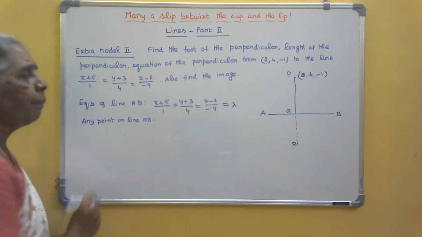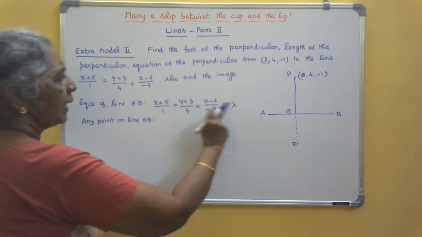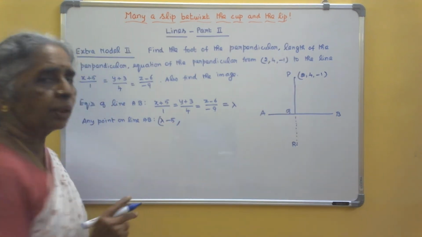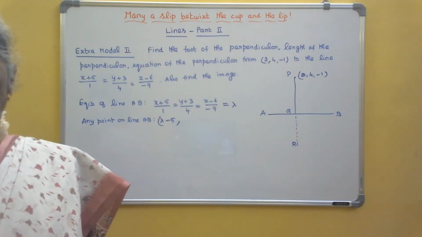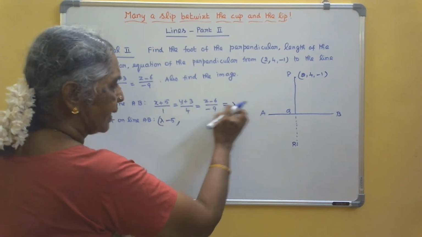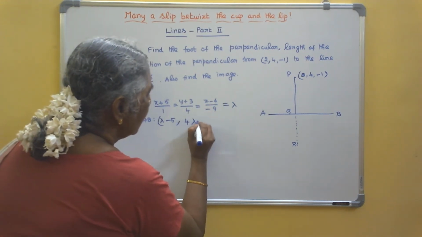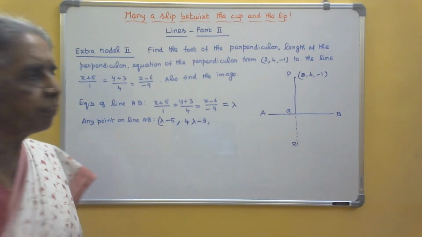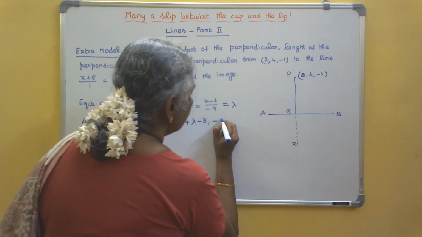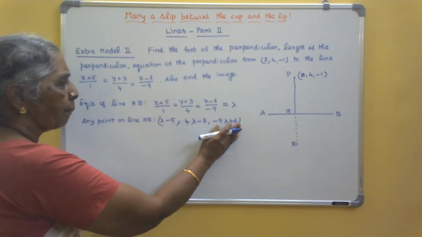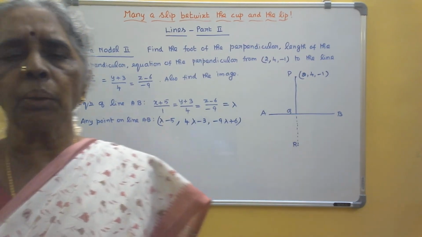What will be any point on line AB? 1 into lambda, that is lambda minus 5, will be the x coordinate. Then 4 lambda minus 3 will be the y coordinate. Then minus 9 lambda plus 6. So this will represent any point on the line AB.